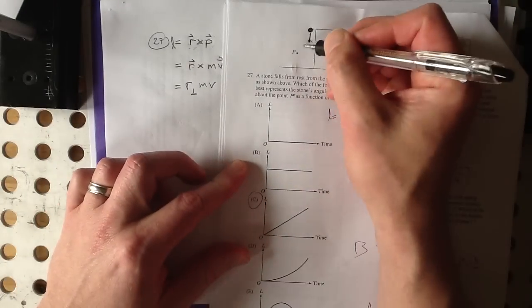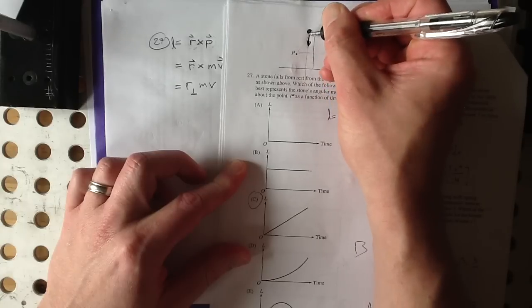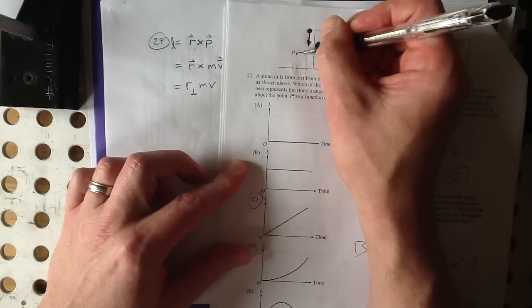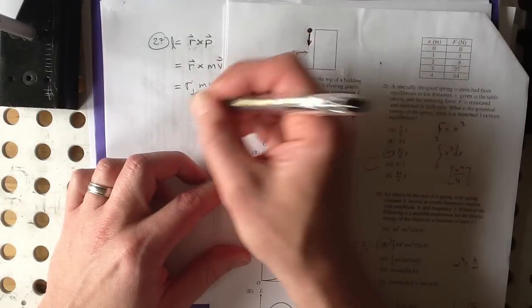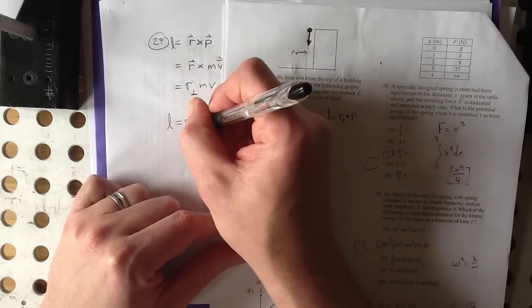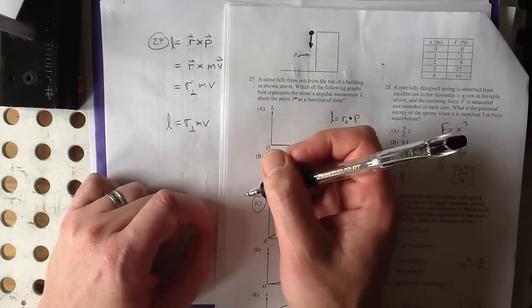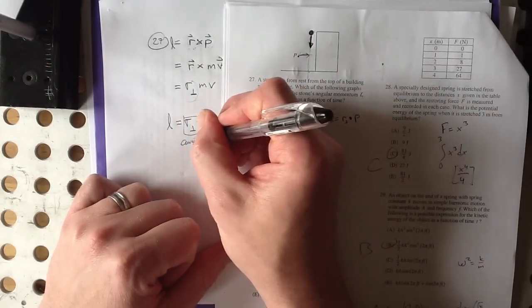And in our picture here, the distance r, although that's changing, since velocity is straight down, the component of r that's perpendicular to the v is constant. So angular momentum is r perpendicular times the mass times velocity, and these are constant.